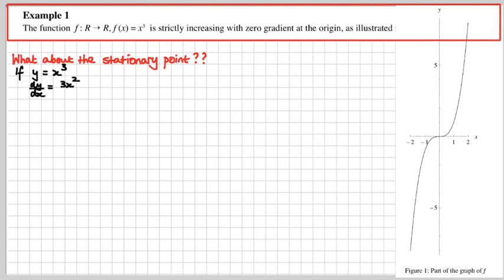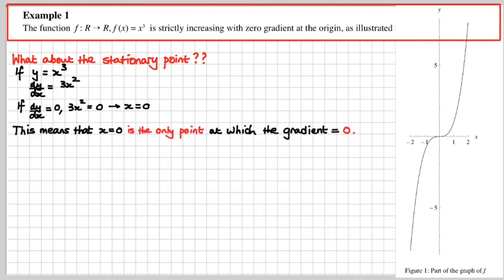So if y equals x cubed, we know that dy/dx equals 3x squared, okay? That's fair enough. Now, if dy/dx equals 0, then 3x squared equals 0, which means that x must be 0, okay? Now, this is the $64 million point that I want to make in regard to strictly increasing.